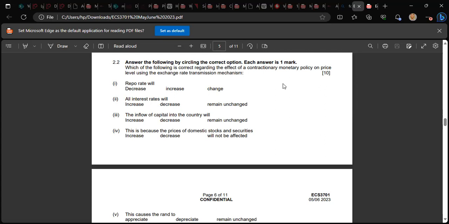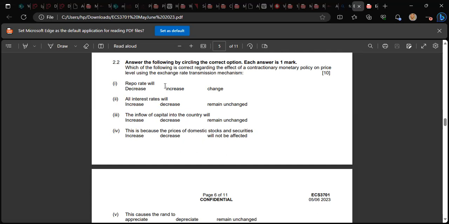So if you want to choose now between two markets and one is paying a bigger interest than the other, you obviously want to go for the market that's paying a bigger interest. So our expectation now is that when the interest rates have increased, there has to be an inflow of capital, right? There will have to be an inflow of capital because a lot of these guys now will want to invest in that sort of market, right?